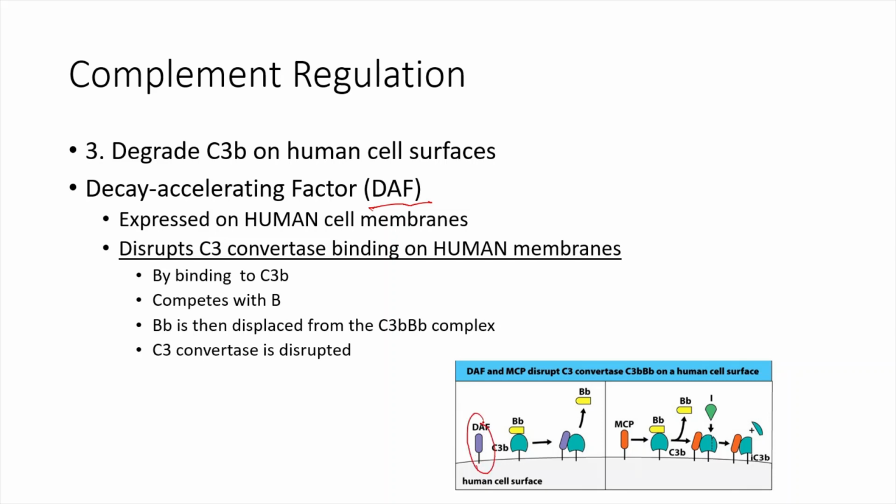Notice that, some of the factors are free floating, but this one is on the human cell surface. Its job is disrupting the convertase activity here. Kick out the factor Bb, so you don't have the complex in place, and it doesn't lead to the activation of the complement system.